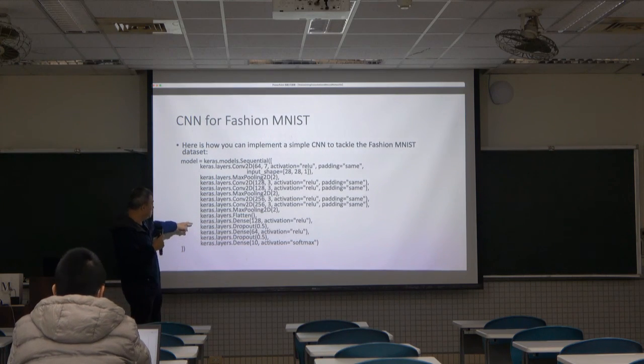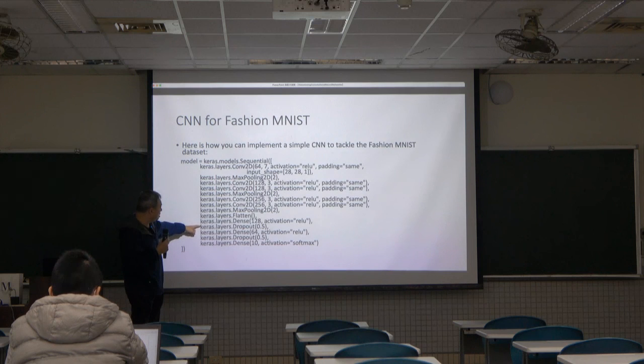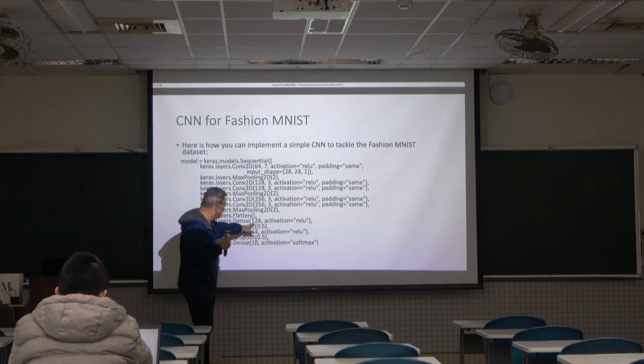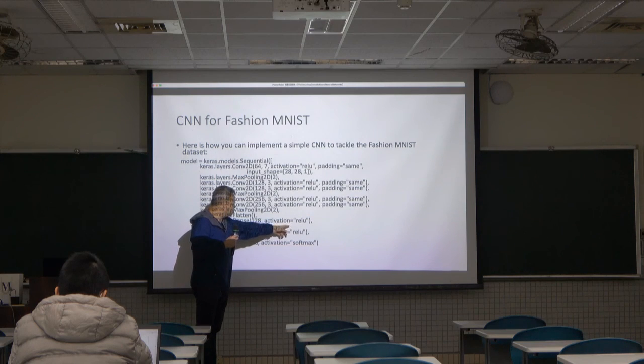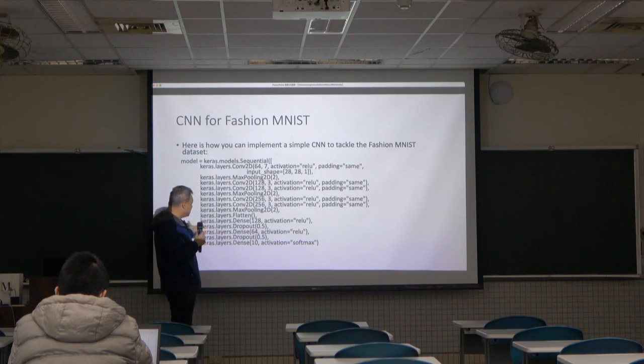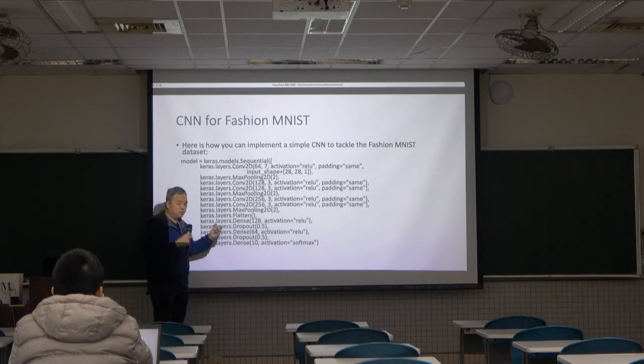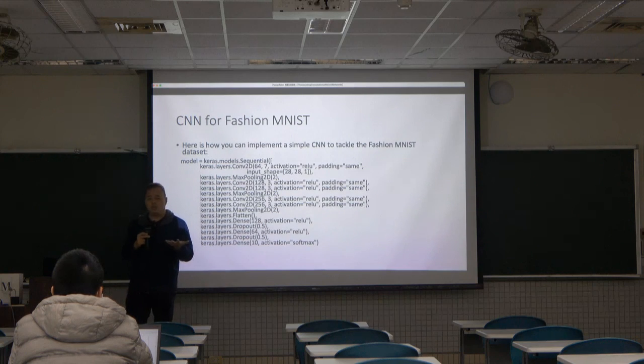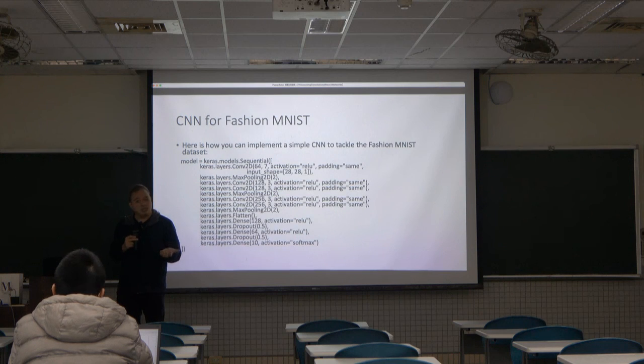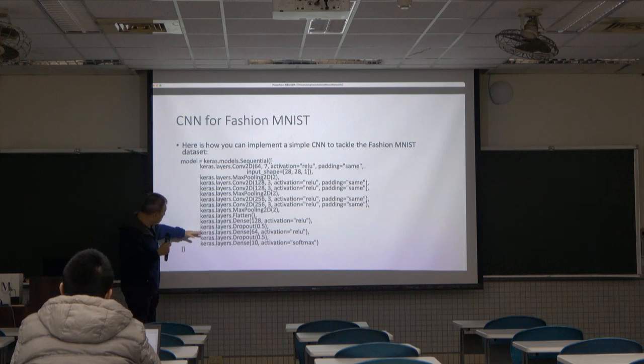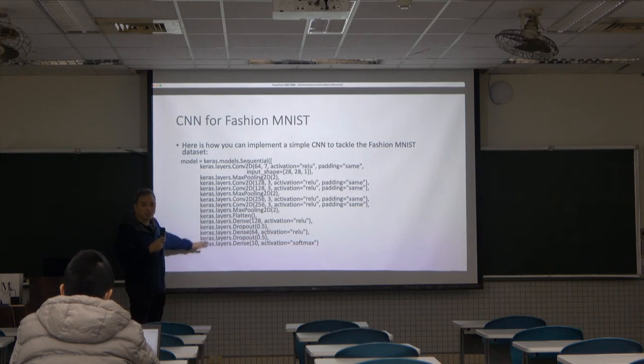Then we create a dense layer with 128 neurons with ReLU activation, and here is the important part. Remember I told you we will introduce dropout? We like to use dropout in the CNN, but we normally do not use dropout in the convolutional layers or pooling layers. We most likely use dropout in the CNN in the dense layers only.